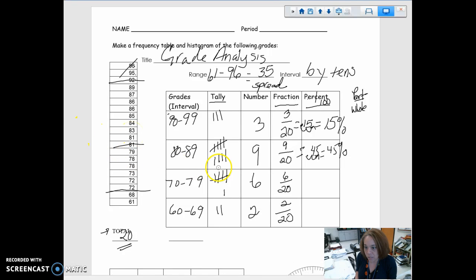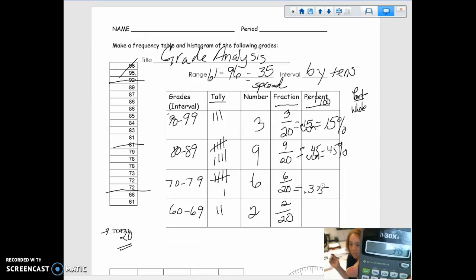Following along for 6, 6 divided by 20 is 0.375. This one is very good to see because 0.375 times 100 is still going to give me a decimal left in my answer, 37.5.